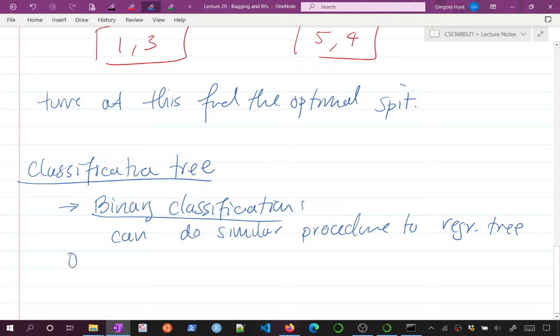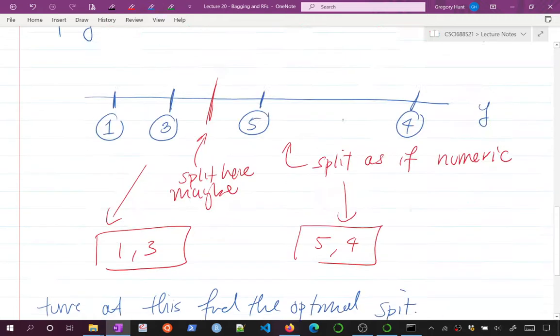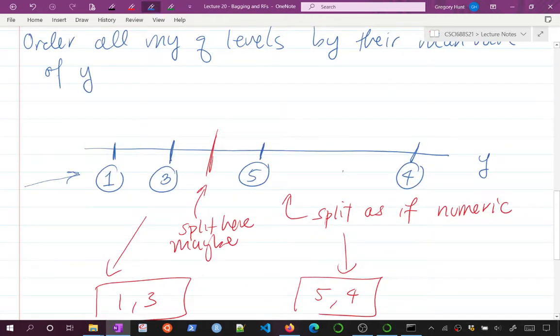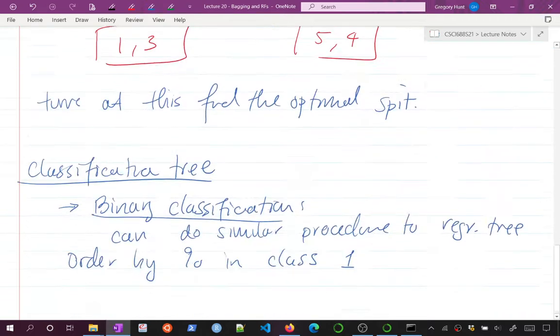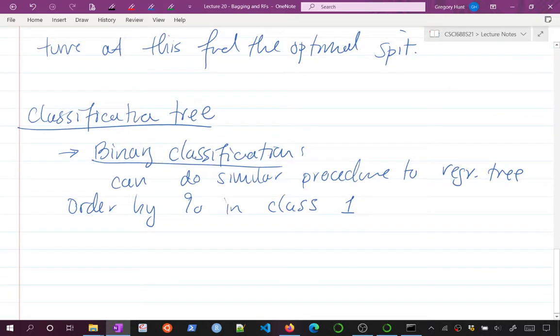where we order by percentage in class 1 as opposed to class 0. Right? It's a binary classification problem. So you could arrange now my number line, instead of by y bar, you just arrange by the percentage in class 1, and then split it as if it were numeric.